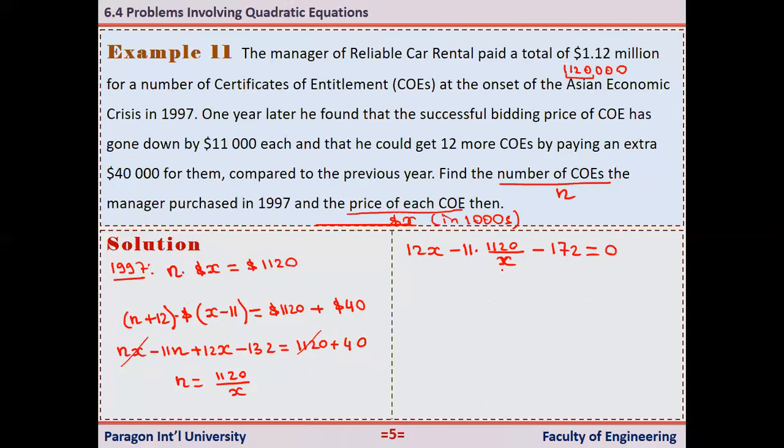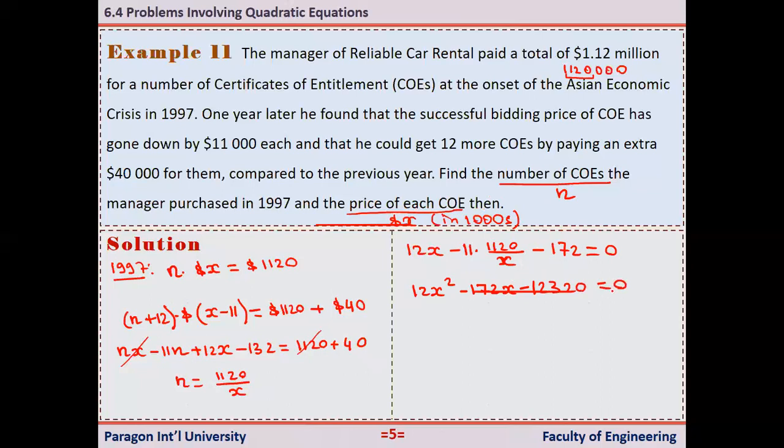Or if you just multiply both sides by x and write this in standard form, we will get 12x squared, right? Minus 172x, and here we have 11 times 1120, that is minus 12,320.